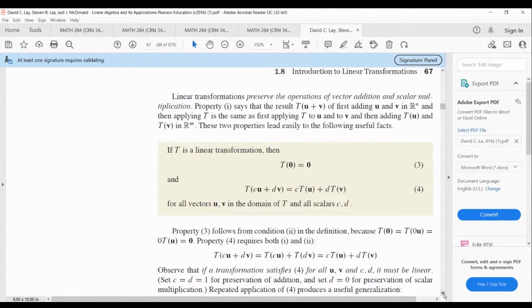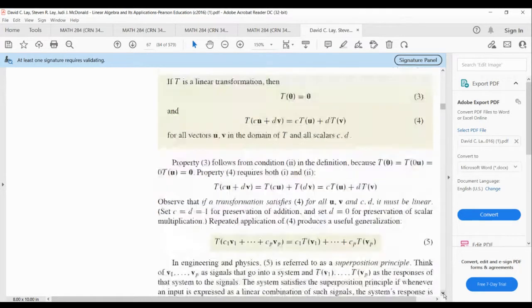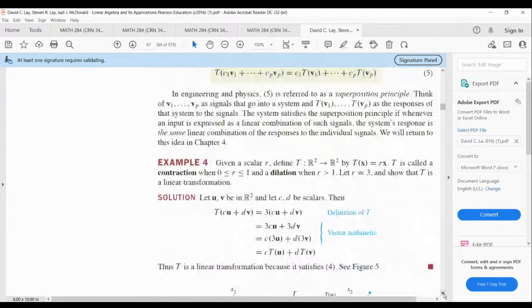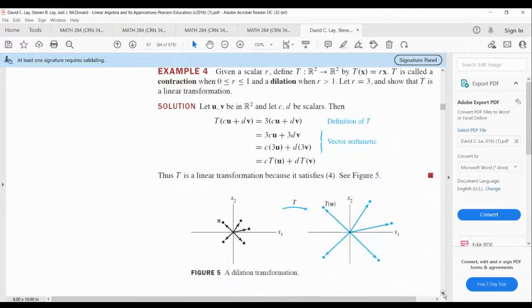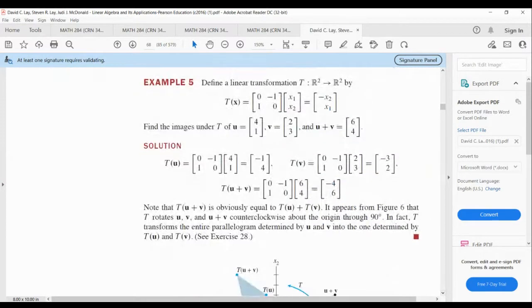So examples are really helpful. How many, by the way, had to pay for your MyMathLab today? I think the trial period's over, I believe. Is that correct? Okay, all right, Mr. Marcel.